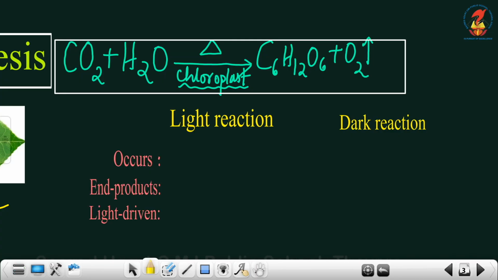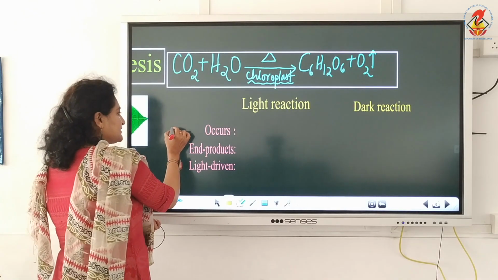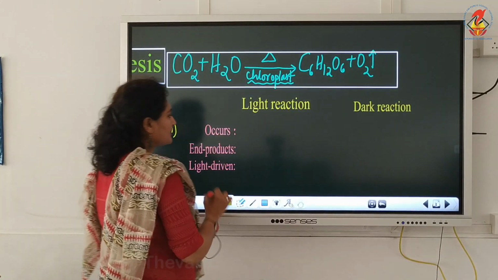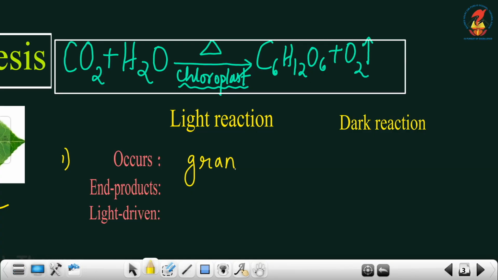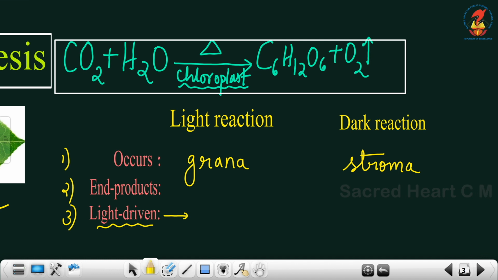So now we are going to analyze some more differences between light reaction and dark reaction. Some parameters I have placed here. Where it occurs: I already mentioned light reaction occurs in the grana, whereas dark reaction occurs in the stroma. Next, whether it's light driven or not. Light reaction is light driven, directly driven by light.